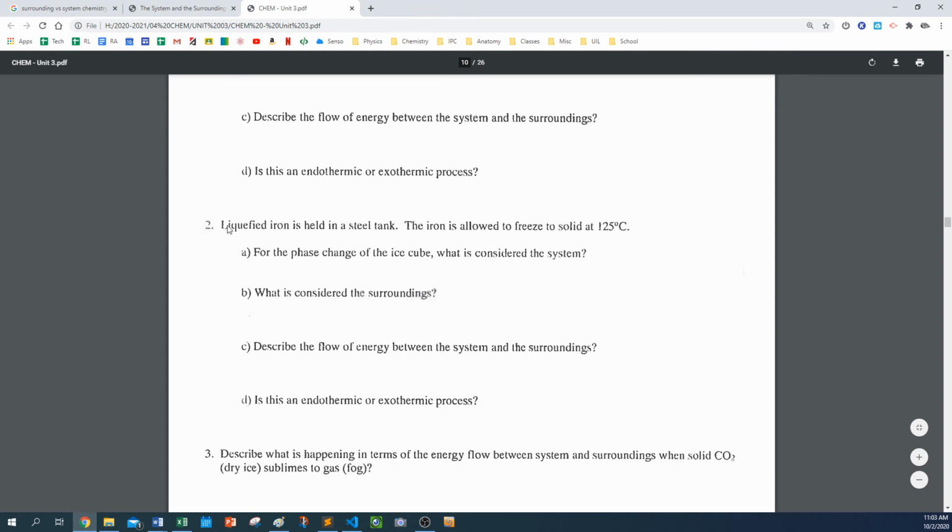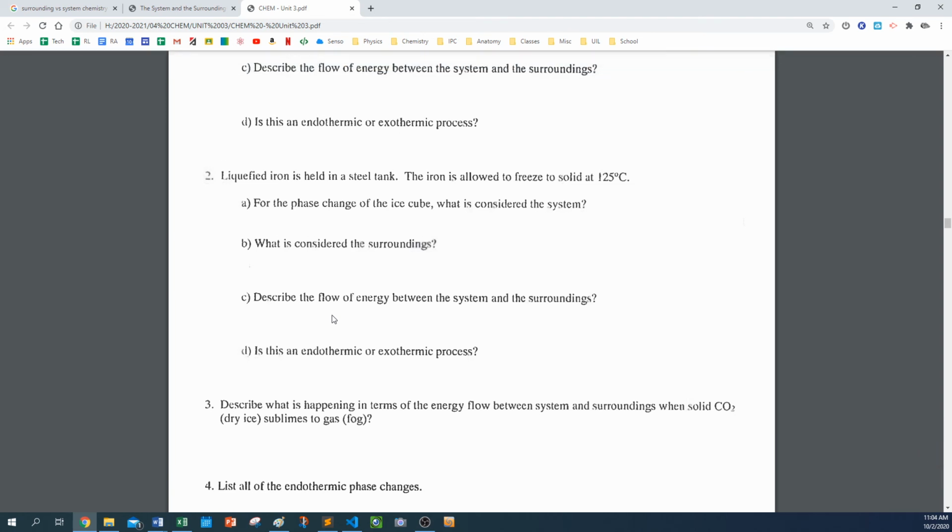If you have liquefied iron in a steel tank, what's considered the system? What's considered the surroundings? This is the thing undergoing a change, so liquefied iron would be your system. The steel tank would be the surroundings.